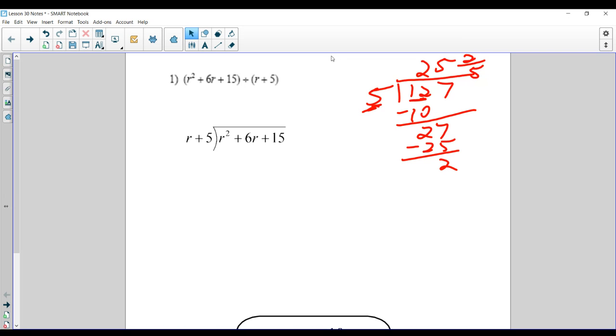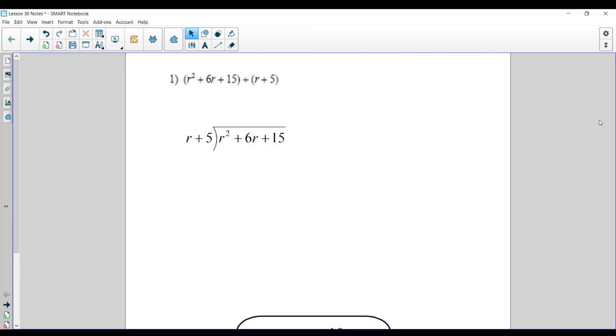So that would be 25 and 2/5. To do division of polynomials, we're going to do the same idea. So I am going to find out how many times the first term here goes into the first term here. Another way to look at that is, what is r squared divided by r? Well, r squared divided by r is just r.